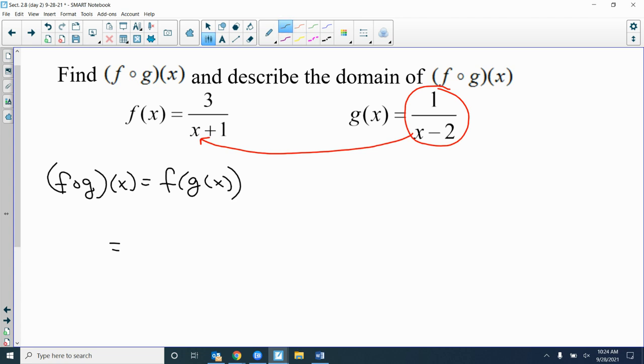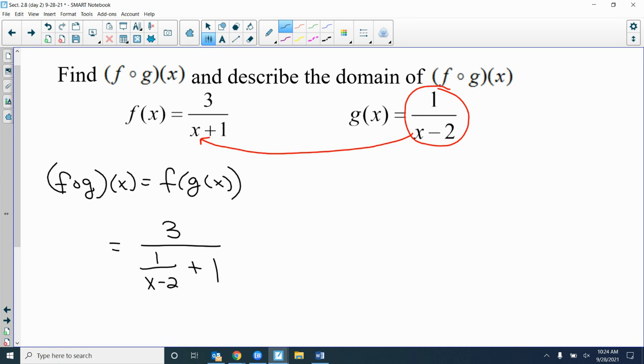When I write this, the 3 and the 1 do not change. This x becomes that. So it becomes 3 over, this x is now 1 over x minus 2, plus 1. Like I said, it just gets a little messier. The concept's the same. You take a whole function, plug it in for an x.